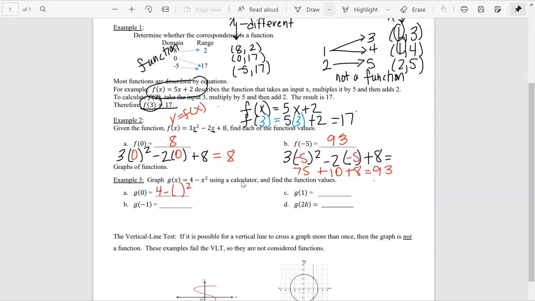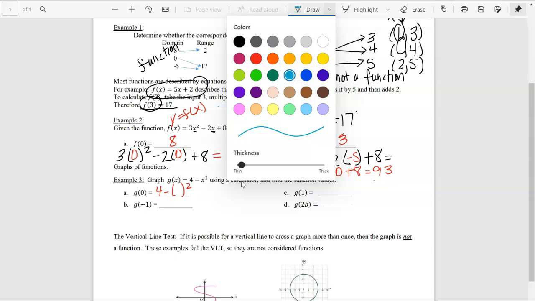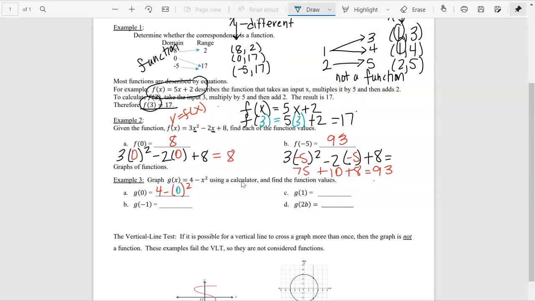Well, the something I'm supposed to plug in for it is the 0. So 4 minus 0 squared is equal to 0. On this one, I've got 4 minus something squared, and the something that I'm plugging in is negative 1. So negative 1 squared is 1, and 4 minus 1 is 3.